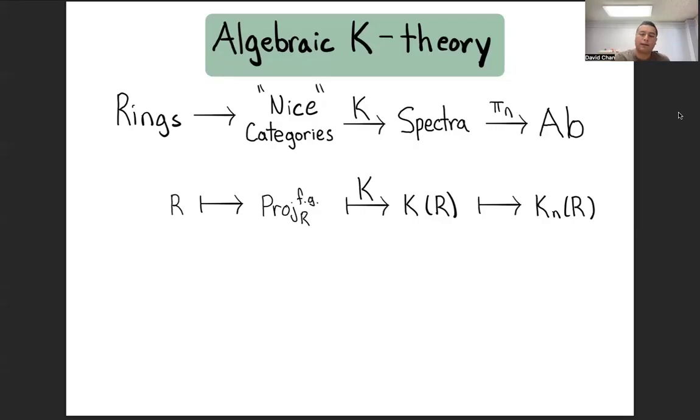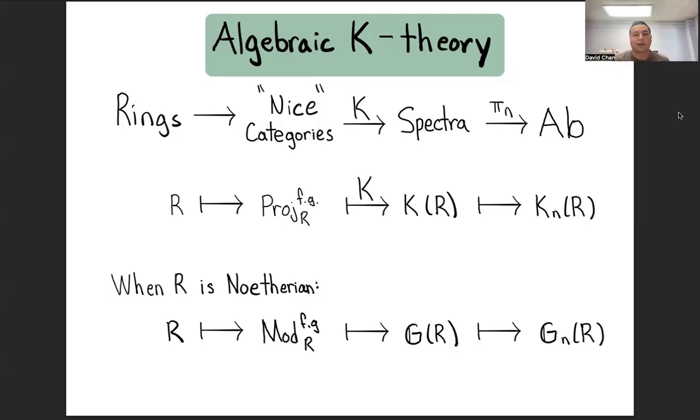There's another thing I can do also when R is Noetherian. I can start with my ring and consider the category of finitely generated modules, all finitely generated modules. Of course, you don't need the ring to be Noetherian to do finitely generated modules, but when you do have the ring Noetherian, this is an abelian category.